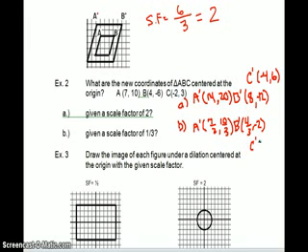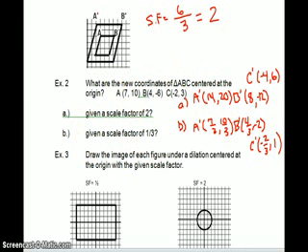And then C prime in this case is going to be negative 2 over 3 and 1. And that's A and B. Again, with scale factor 2, you're just going to double all these, since it's centered at the origin. Twice as far in that direction, twice as far in that direction, twice as far in that direction. Scale factor of 1/3, we're going 1/3 of the way, so 7 divided by 3, etc.